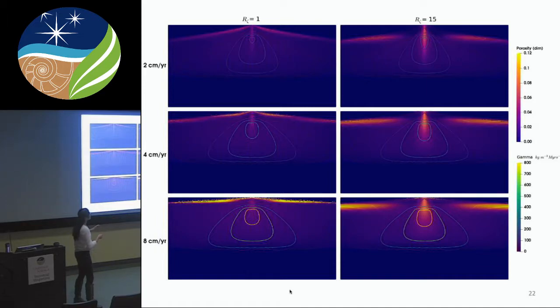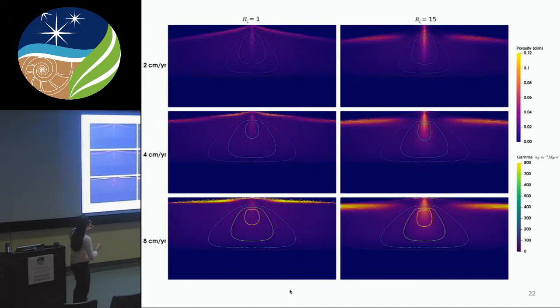So on the right, where you have a higher bulk viscosity constant, you have more melt in the center, right beneath the ridge axis, right where the highest melting rates are. And then you have this kind of lobe of melting on the side.